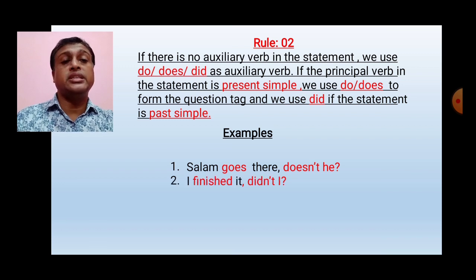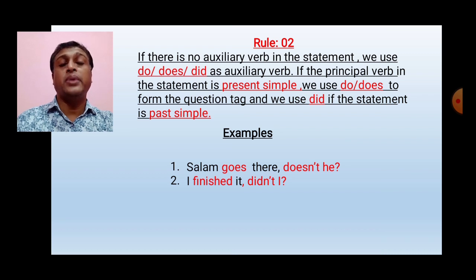Look at this example. I finished it. Here verb is finished and we know that this is a principal verb. So there is no auxiliary verb. But at first we have to write an auxiliary verb. Which auxiliary verb will we write here? Here we will write did as auxiliary verb because here finished is verb 2.